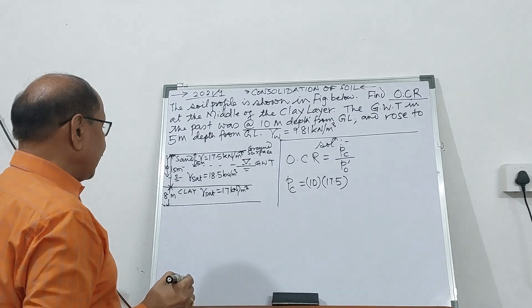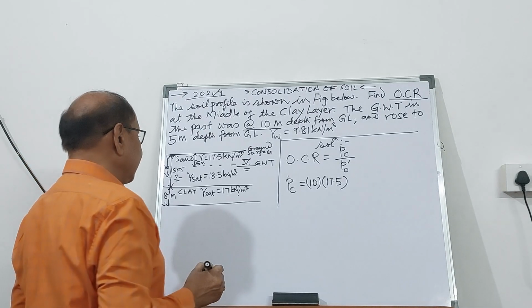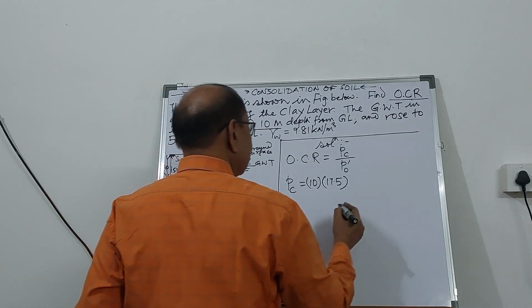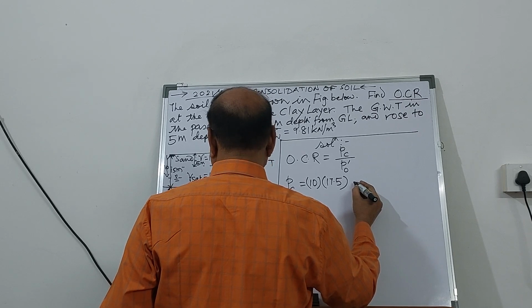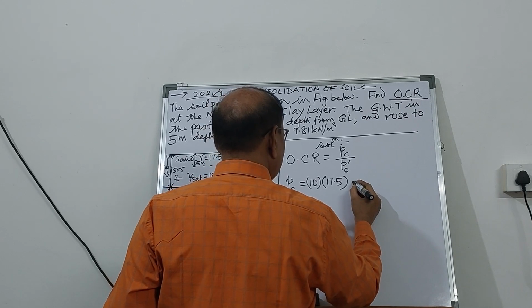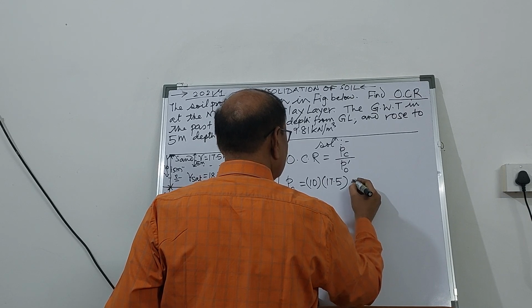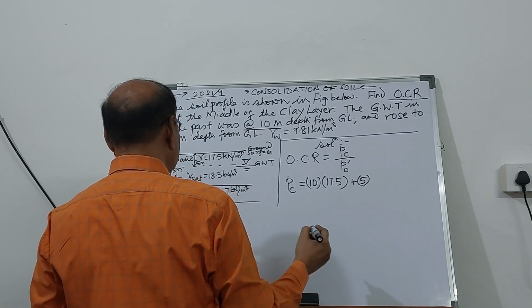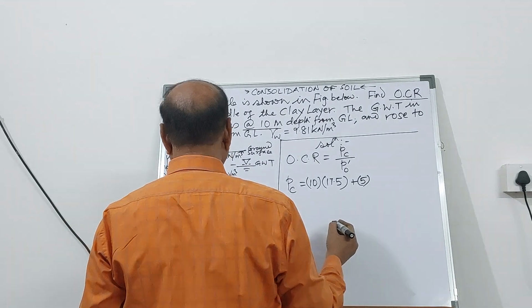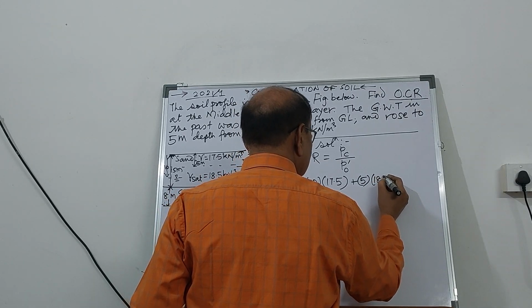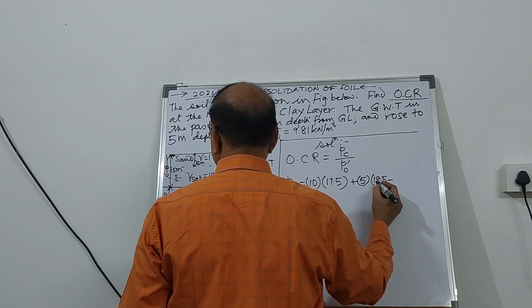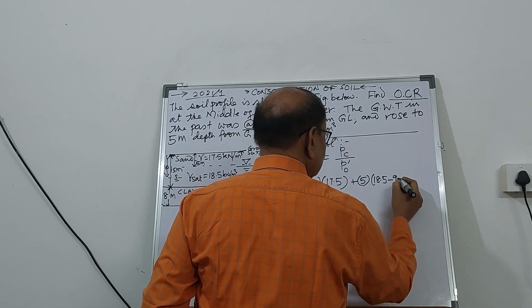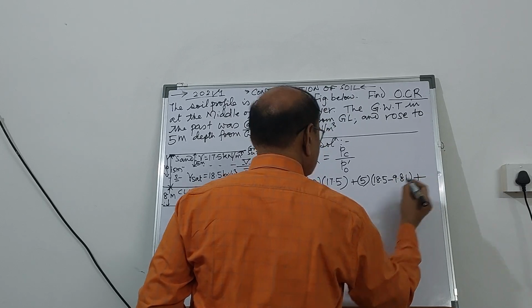Then for the remaining 5 meter it was underwater, so the submerged unit weight will be 18.5 saturated minus the unit weight of water, which is given in this problem as 9.81, plus.